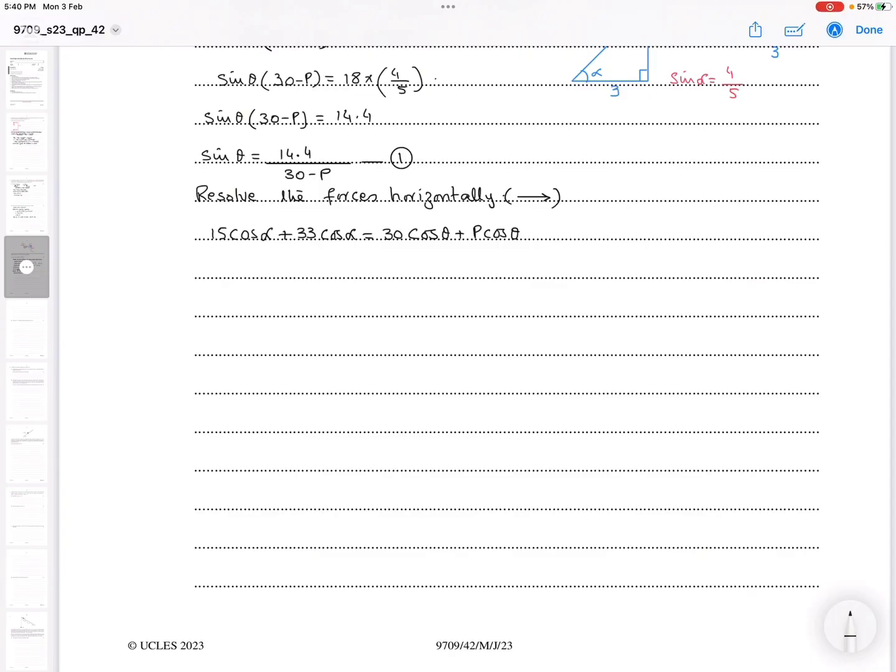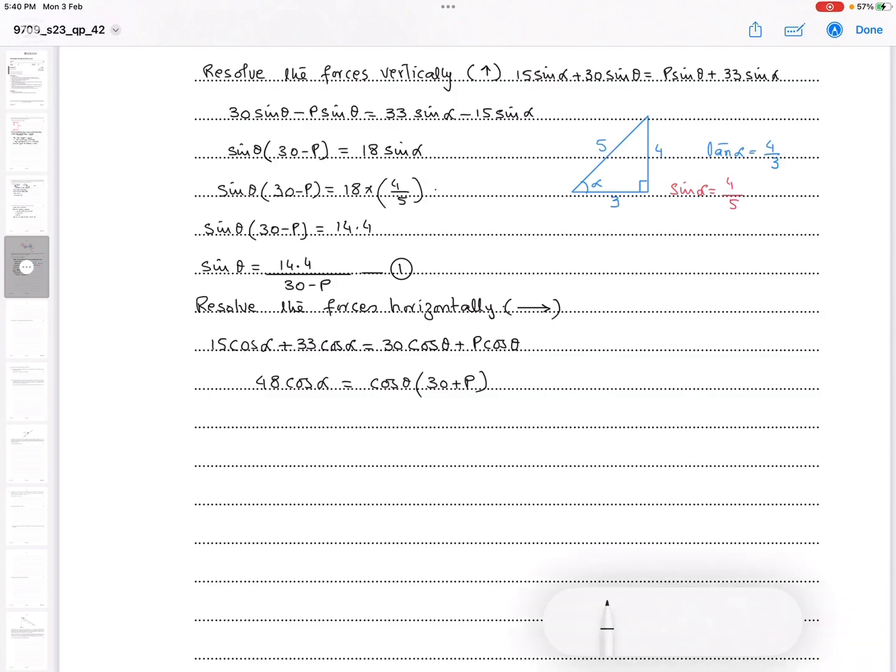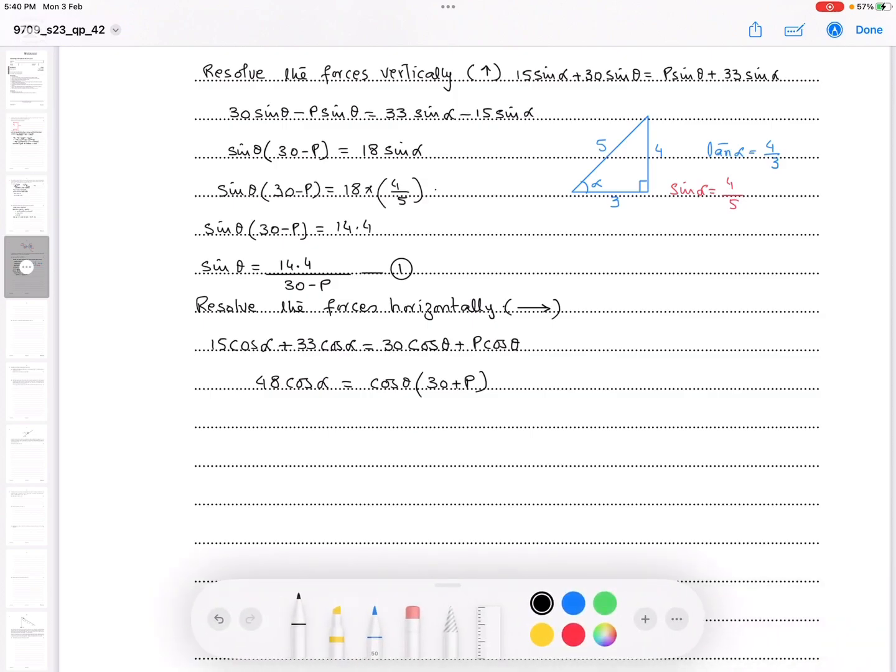Now 15 cos alpha plus 33 cos alpha makes 48 cos alpha, and equals, you take cos theta as common, so you will get 30 plus P in the bracket. From that diagram in the blue right angle triangle we can also find the value of cos alpha. Cos alpha would be adjacent over hypotenuse, or base over hypotenuse, 3 over 5.